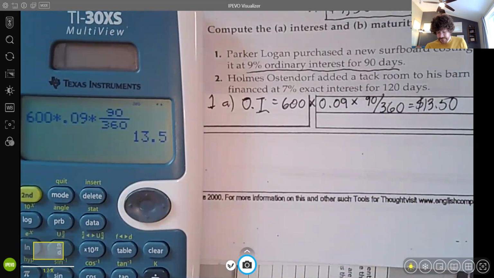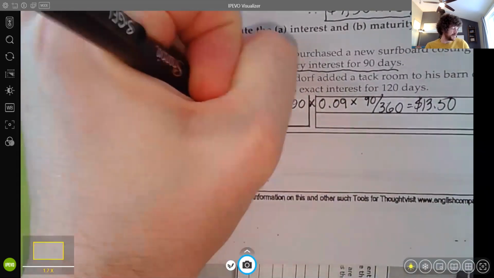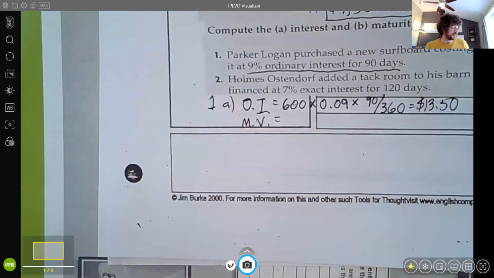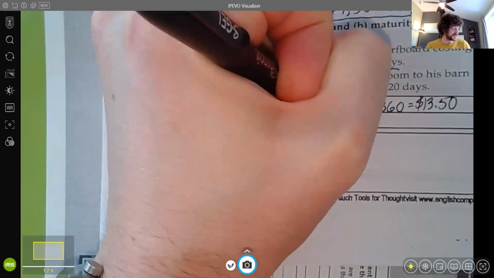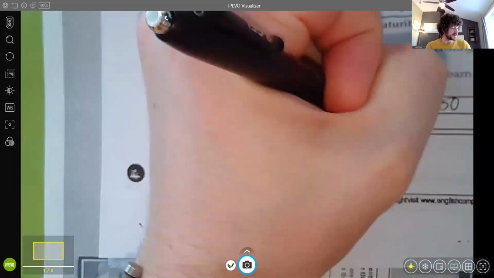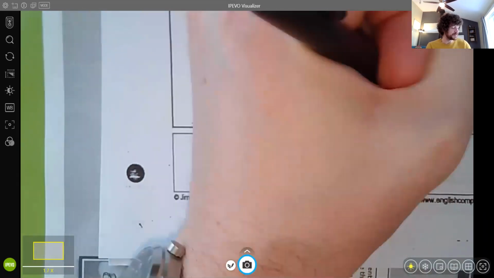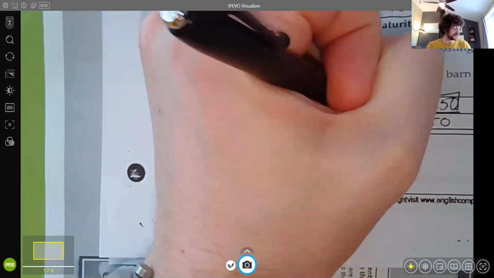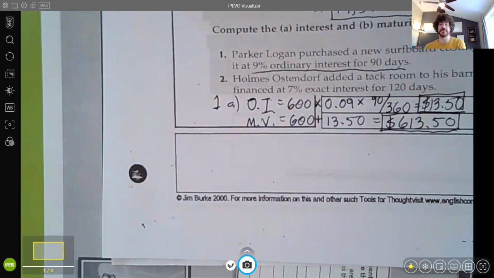That means that the total, or the maturity value, MV, is equal to 600 plus the 13.50, which equals $613.50. So $13.50 for the interest. $613.50 is how much he's going to owe for the entire loan at the end of the 90 days.